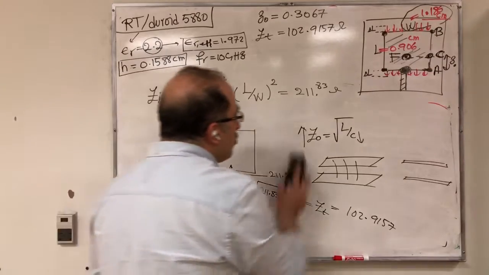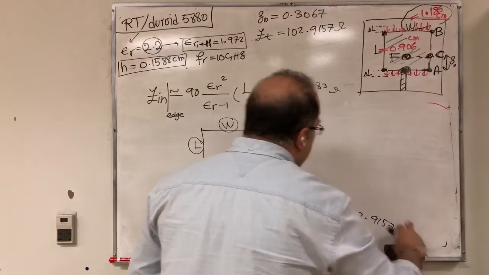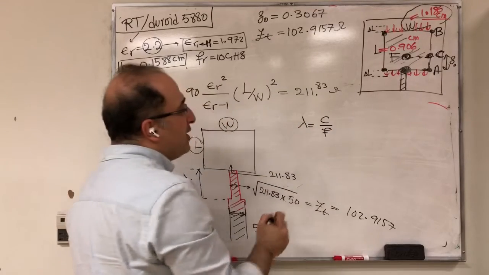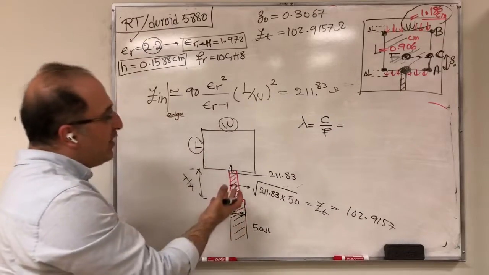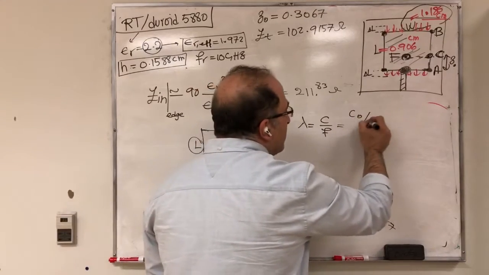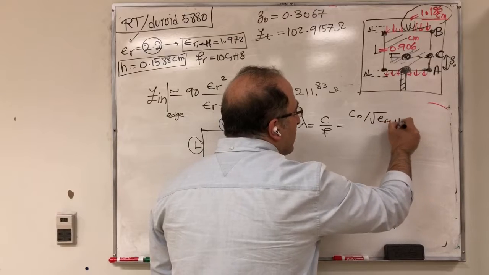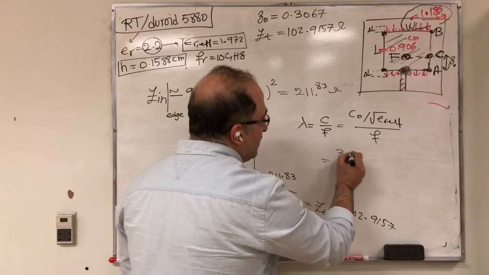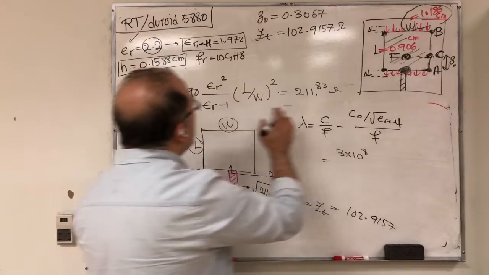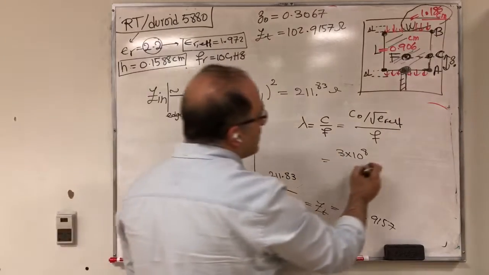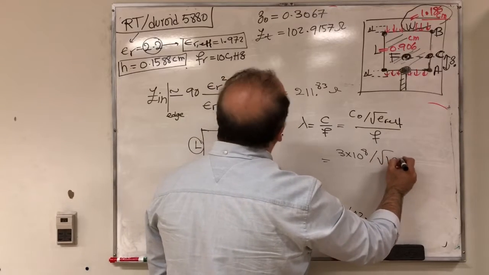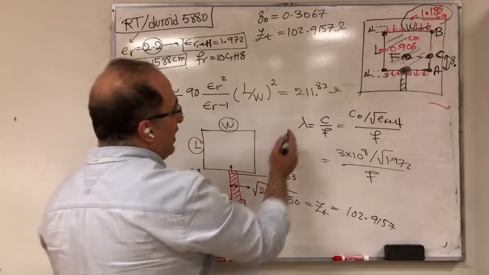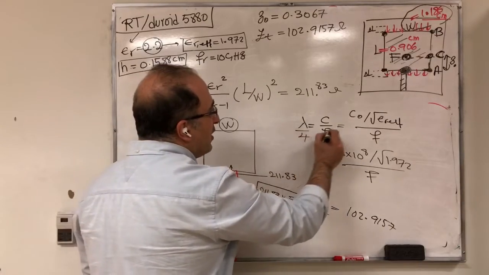The other thing is the quarter wavelength transformer. Remember that lambda is c divided by f, where c is the speed of light in the effective medium. So it's going to be c naught, 3 times 10 to the power of 8, divided by the square root of epsilon r effective, which is 1.972, divided by f. To find the quarter wavelength, you need to divide this by 4.